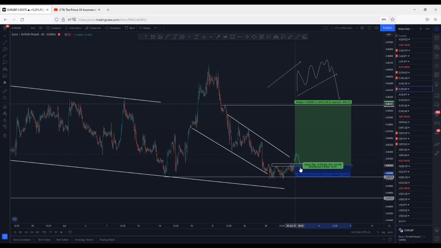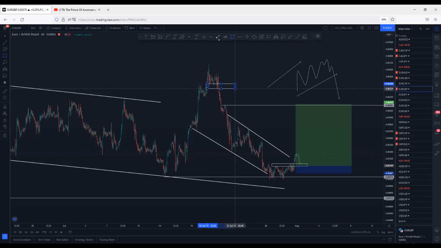My stop loss will be here. Even here, you see, if the market acts the way you don't want it, you can just leave. Even here, if the market decided to come back and test at least this point here, you can also take a trade.